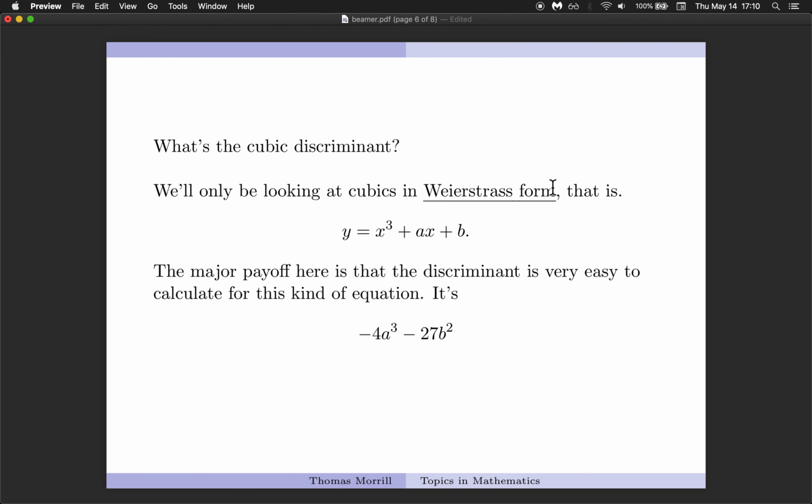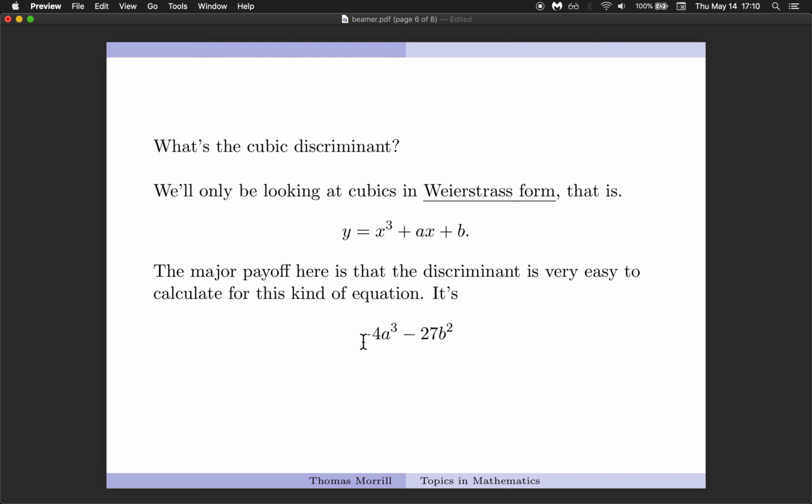So if you have a polynomial x cubed plus ax plus b, I will tell you that the discriminant of that polynomial is the formula -4 times a cubed minus 27 times b squared. So this is just some number I can calculate based on the coefficients of my cubic.